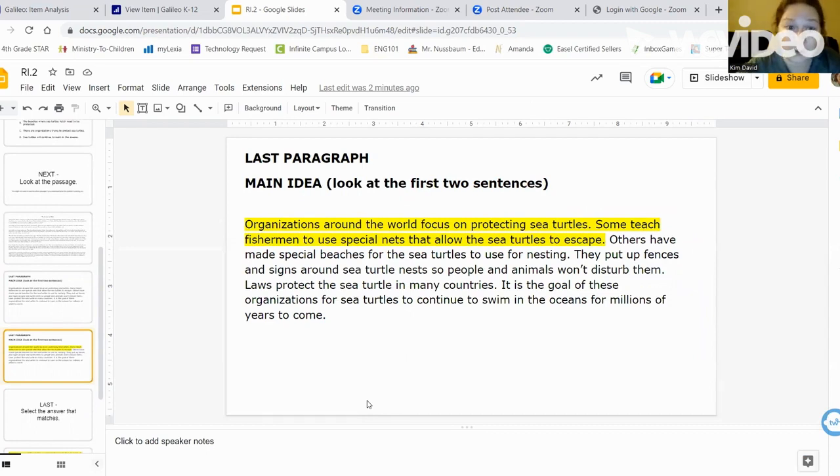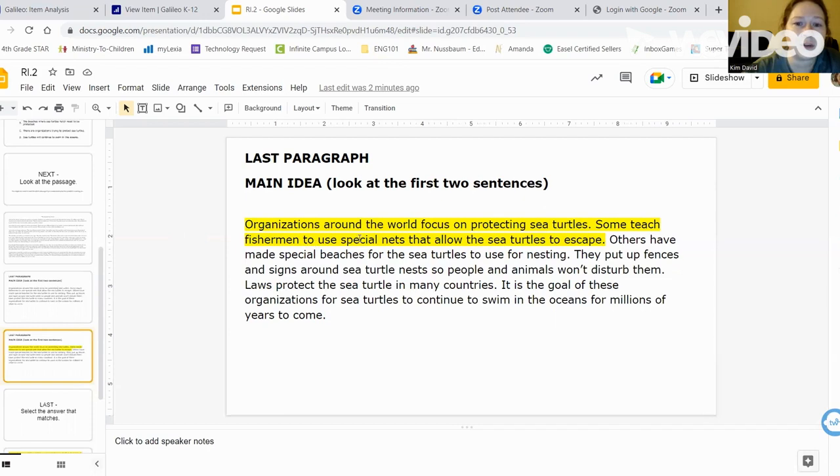So here we go. Organizations around the world focus on protecting sea turtles. You know what? That kind of sounds familiar as to maybe one of the answers we looked at, but I'm going to go ahead and look at the second sentence.